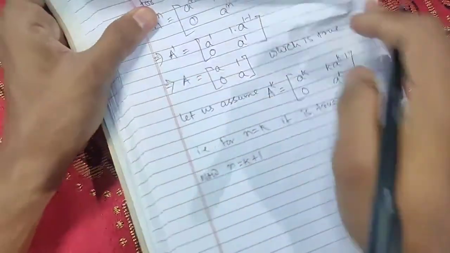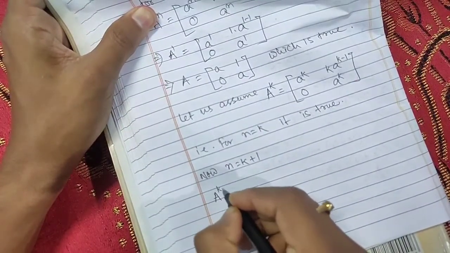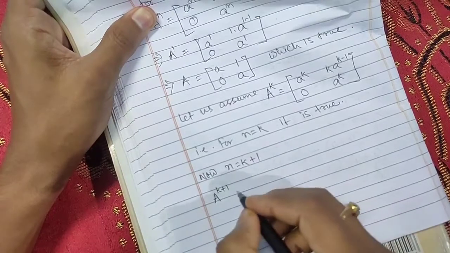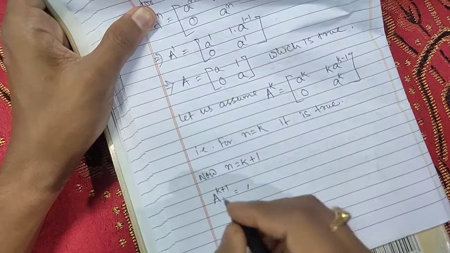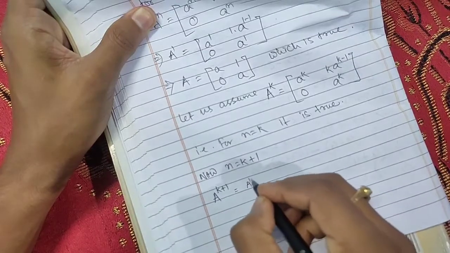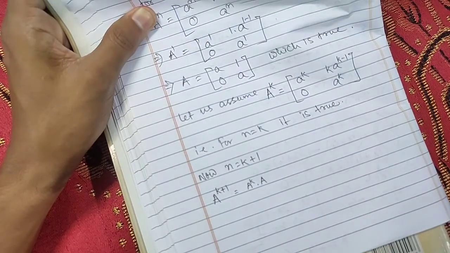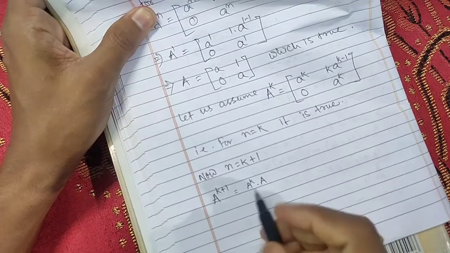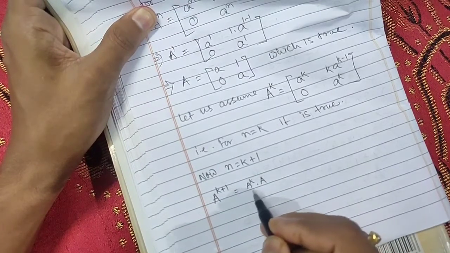For n equals k plus 1, A to the power k plus 1 is equal to A to the power k into A, because we know that powers will be added if we multiply.